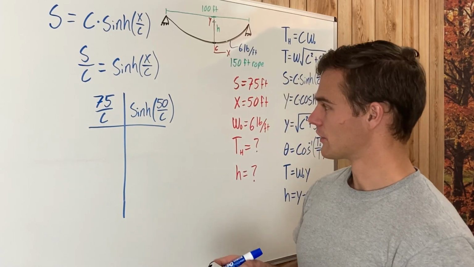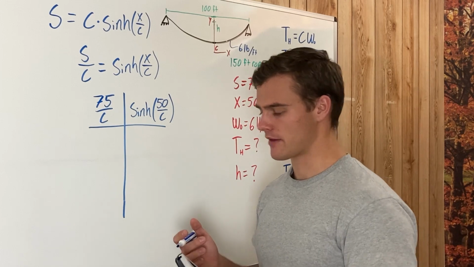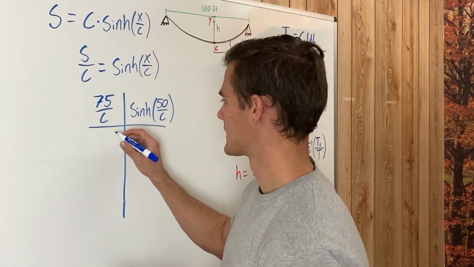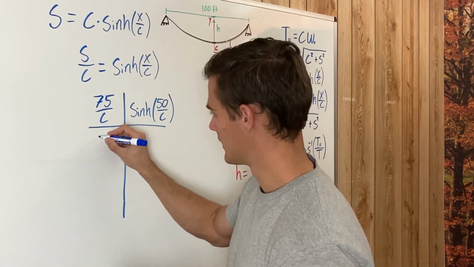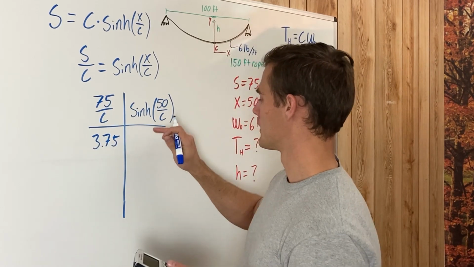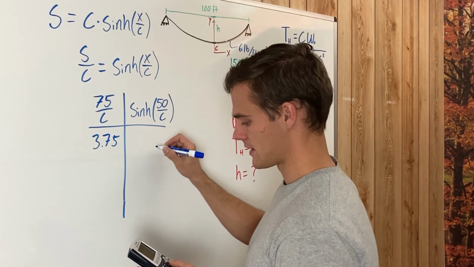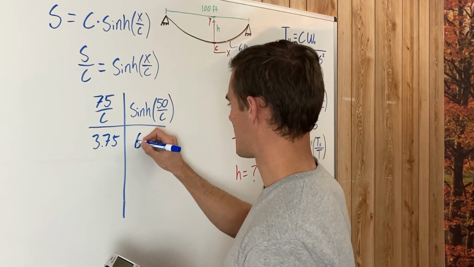Let's start with 20. 75 divided by 20 is 3.75. The hyperbolic sine of 50 divided by 20 is 6.05.